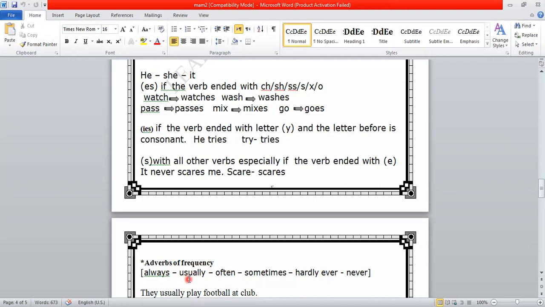Usually, we use "usually" when we frequently do this action. I often go to school on foot, but today I'll go by bus.